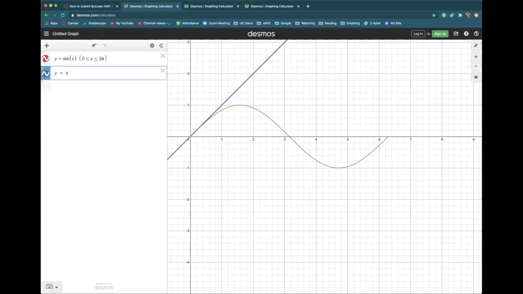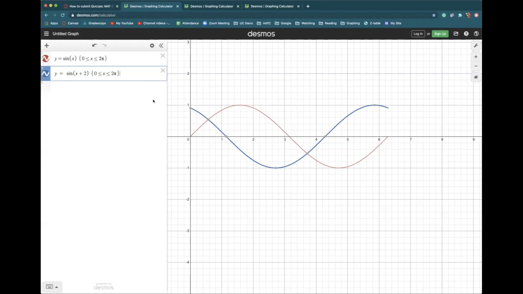So sine of x. Now I'm going to make a mistake right here. I accidentally put the plus 2 inside the sine function, and it didn't shift it up. It actually shifted it a little bit to the left, it looks like.